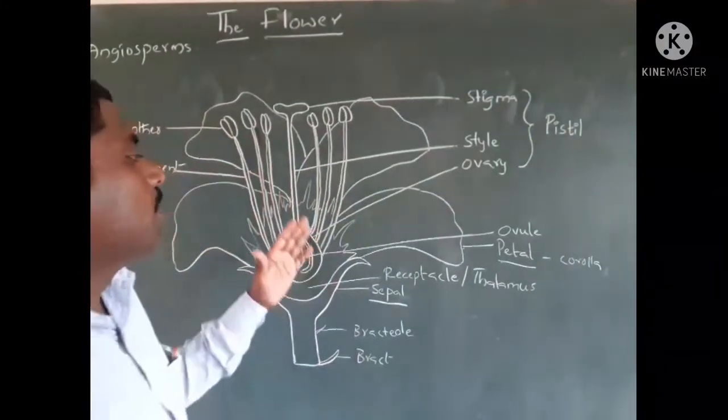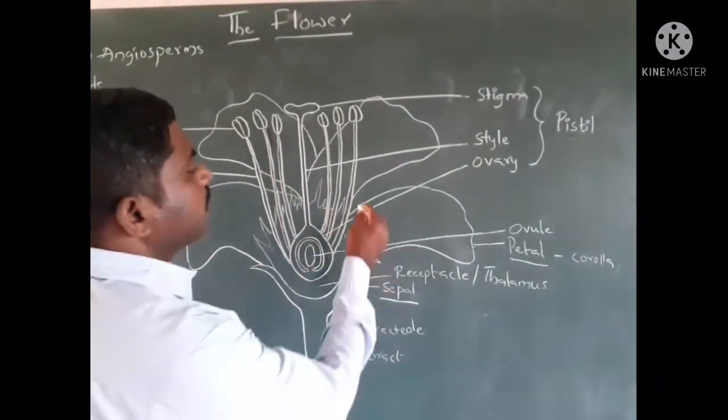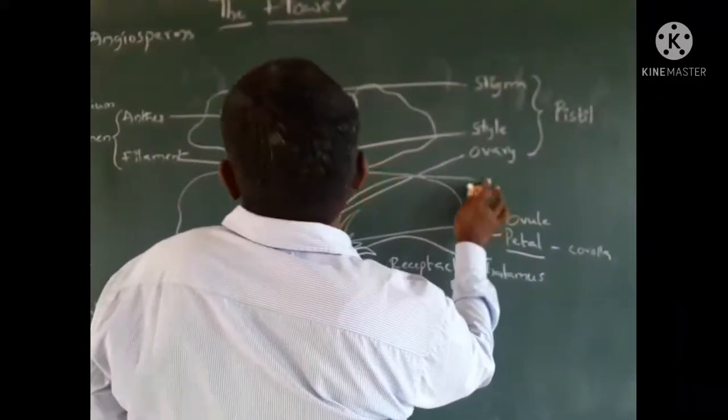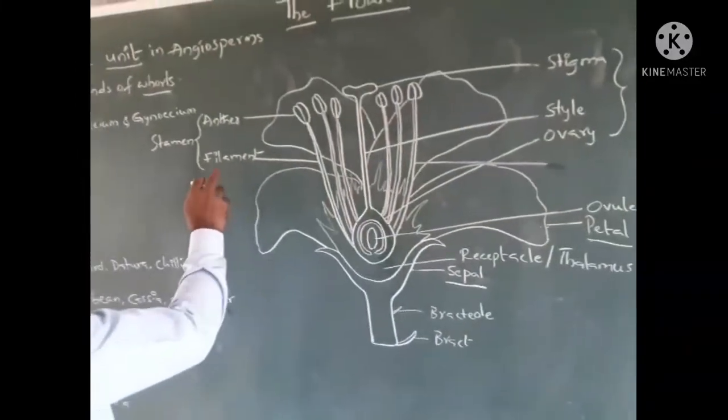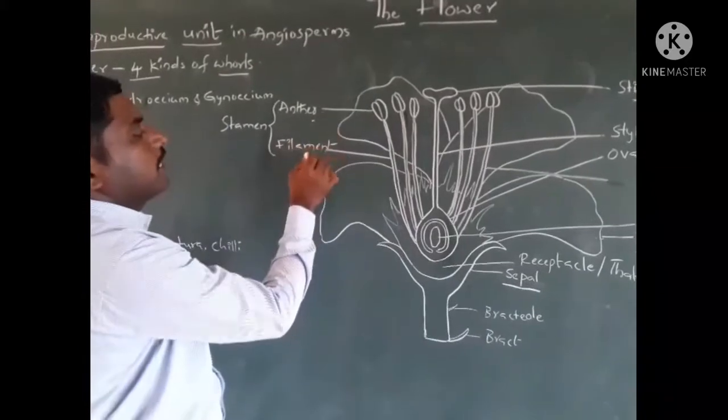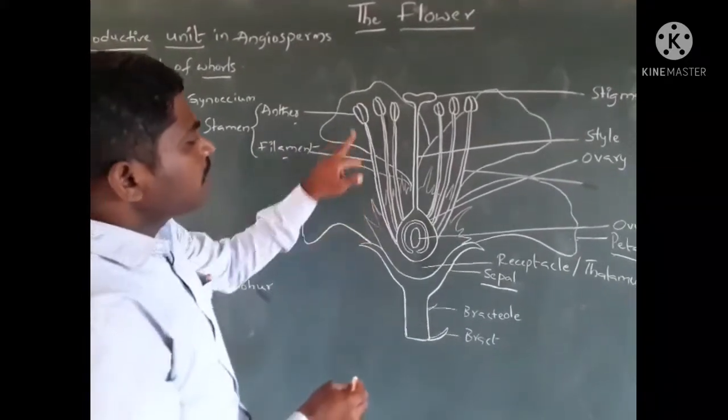And the third whorl is the androecium, which consists of the anthers and filaments.